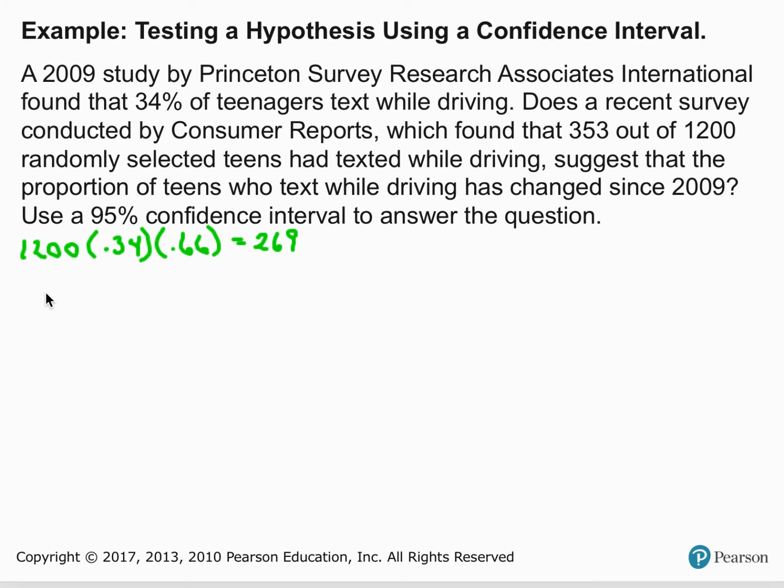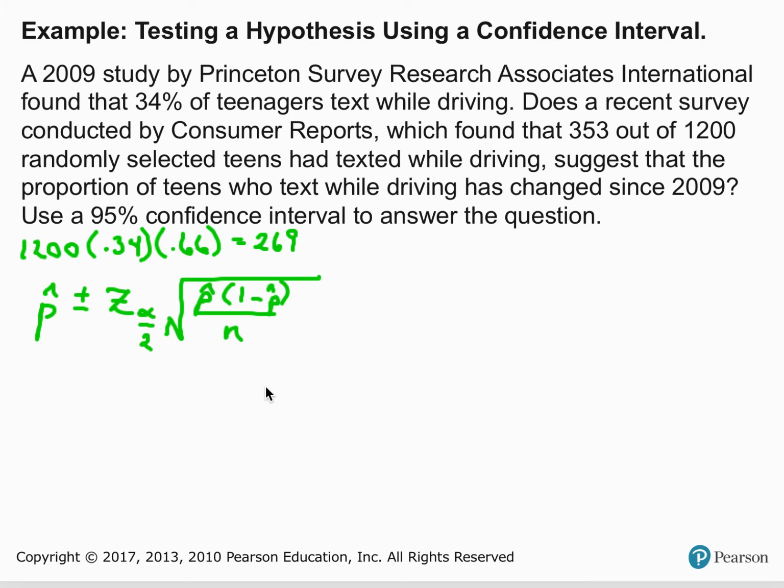Now, remember from constructing confidence intervals that we had this formula to get our upper and lower bounds, right? Remember that?